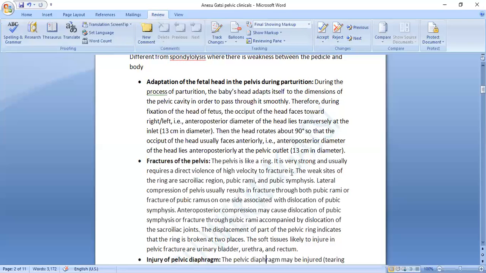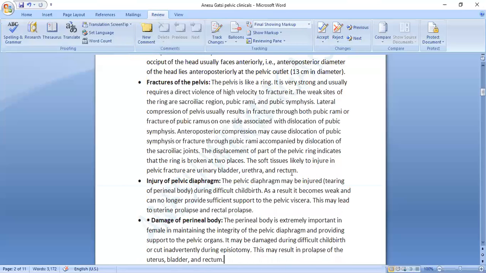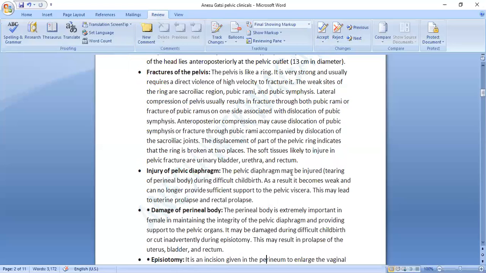Then we come to the pelvic diaphragm. The pelvic diaphragm is made up of the levator ani muscle and the coccygeus muscle. The coccygeus muscle arises from the ischial spine, then goes to insert on the anterior surface of the coccyx and the sacrum above.